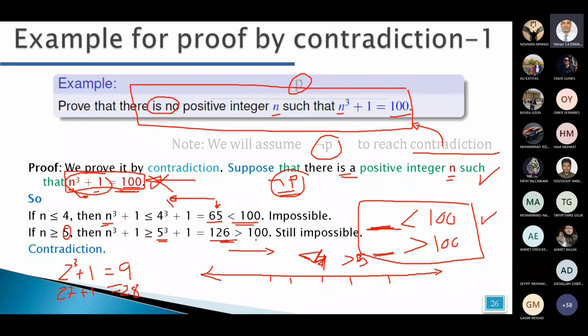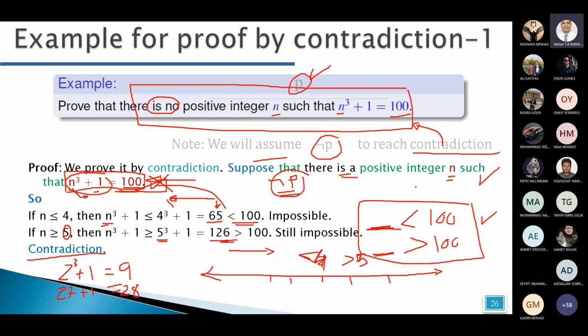Numbers from 5 and more give us more than 100. So it is impossible to get a number that gives us this one correct. In this case, not B is not correct. There is a contradiction here with our assumption. We assumed that not B is correct, but the result contradicts our assumption. So our assumption is not correct, not B is not correct, then B is correct.